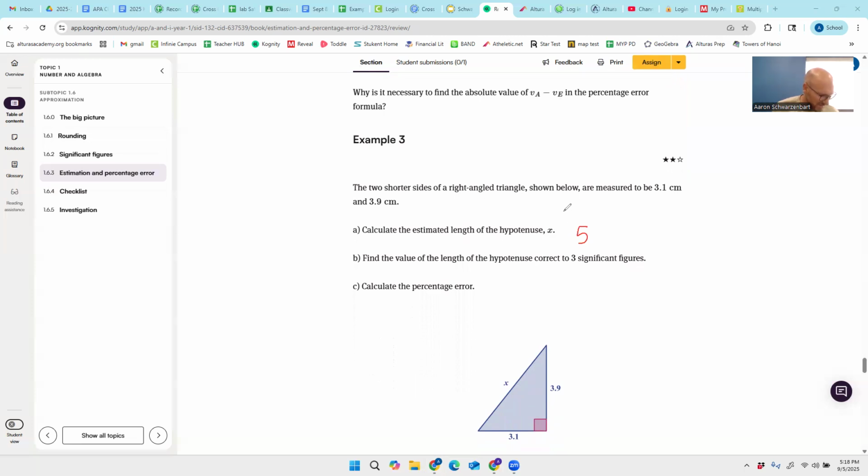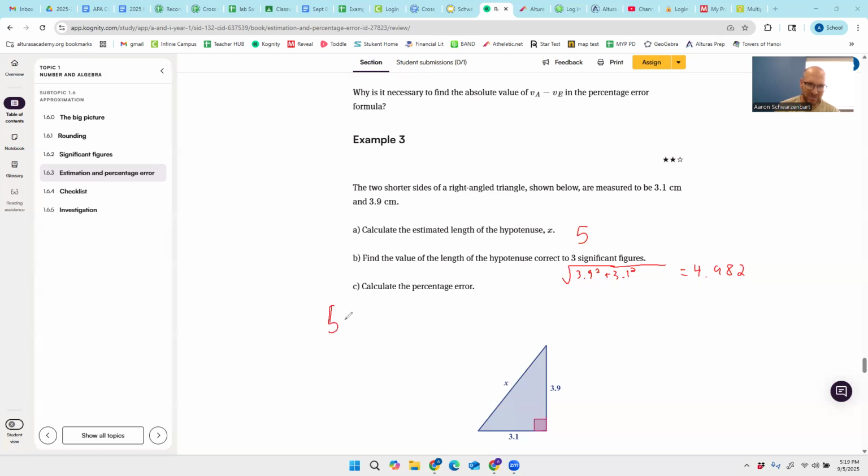If I do the exact, I use the Pythagorean theorem with the actual numbers. So I'm just going to do the square root of 3.9 squared plus 3.1 squared. And I get 4.98982. I'm going to carry a few more. Calculate my percent error.